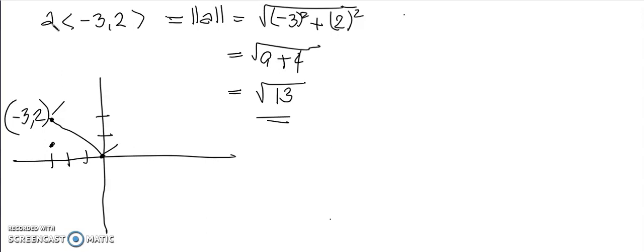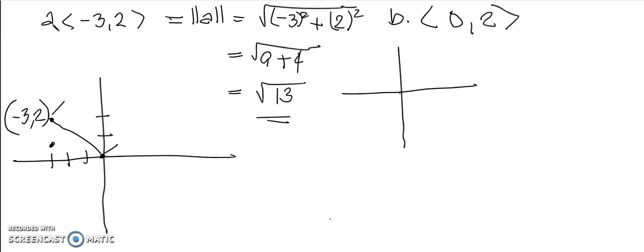Another example, we have point B. Point B is 0 and 2. When we draw the graph, it goes from 0 to 2.